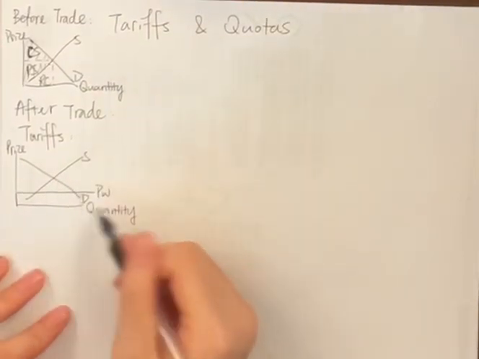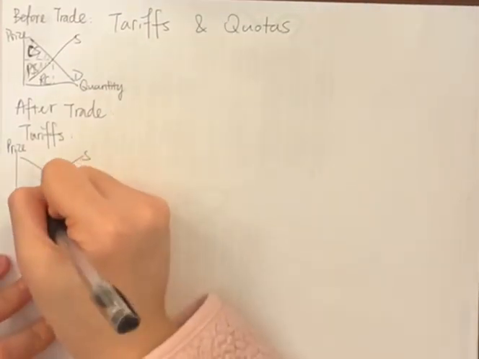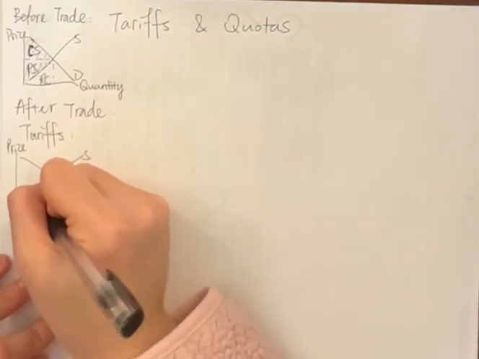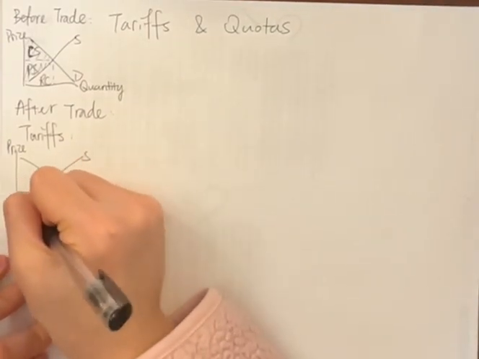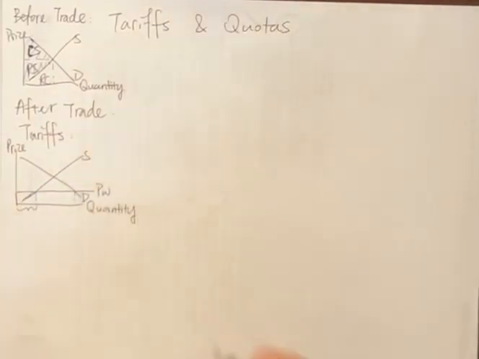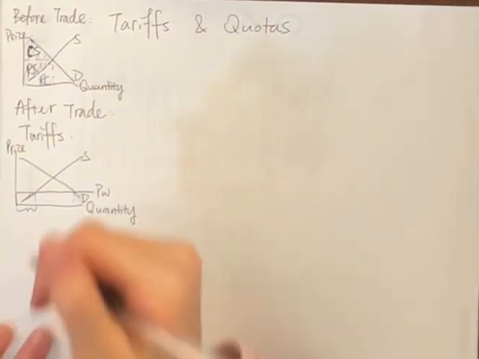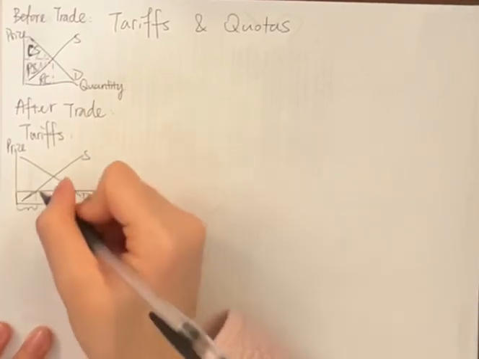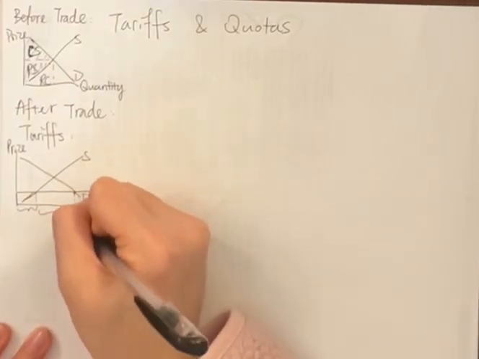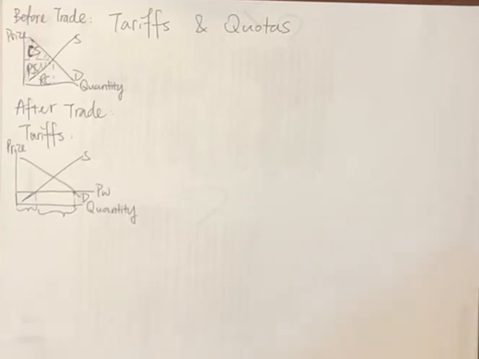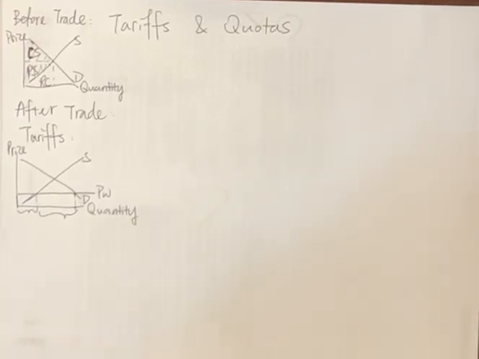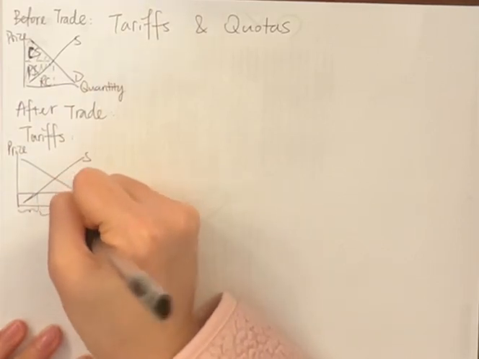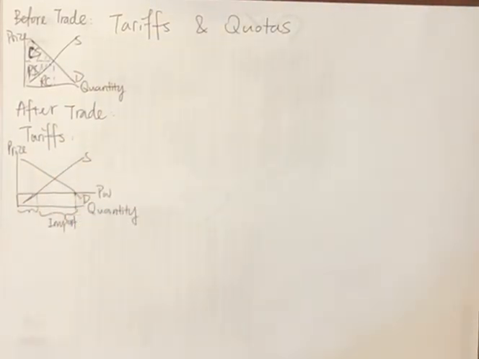At this price, the domestic producers would like to produce this amount of things, but at the same time the consumers want this amount of things. So there's a gap between them. Who should fill this gap? Well, it must be foreign producers. So this amount is the amount that we have to import from other countries.